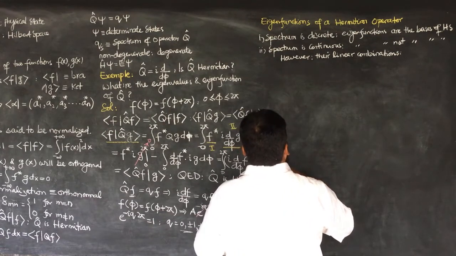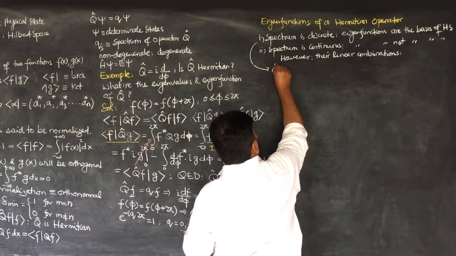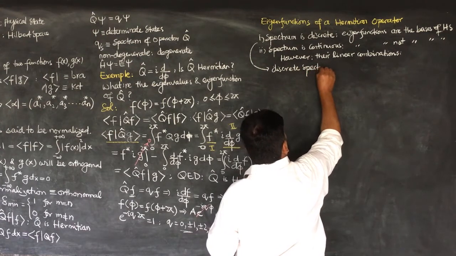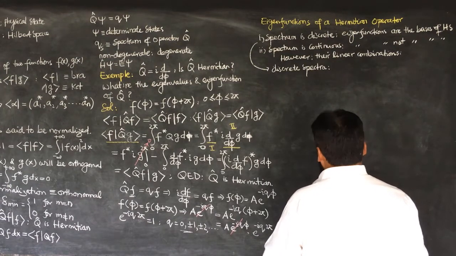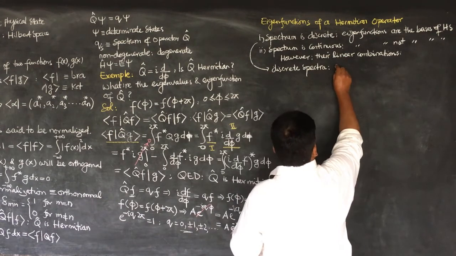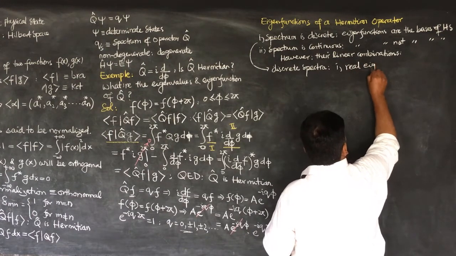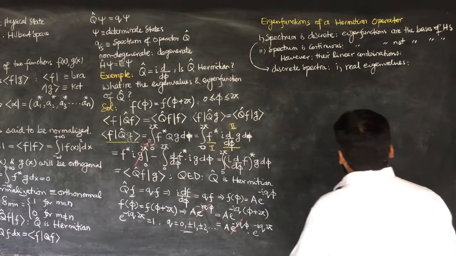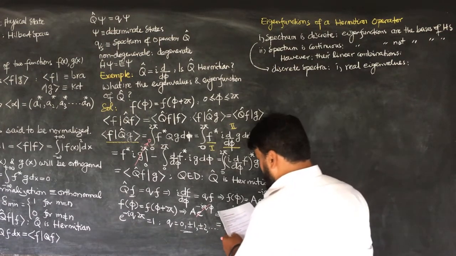Now, for discrete spectra, the eigenfunctions of the Hermitian operator will have real eigenvalues, as we got in some of the problems, like H psi equals E psi, where E is real.